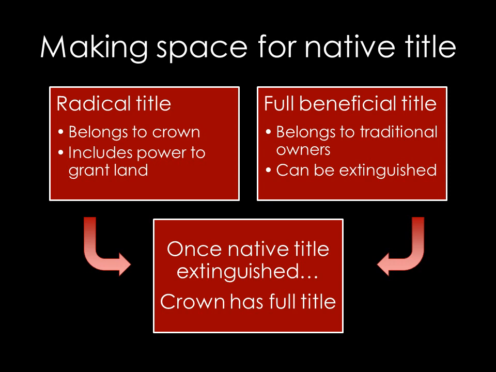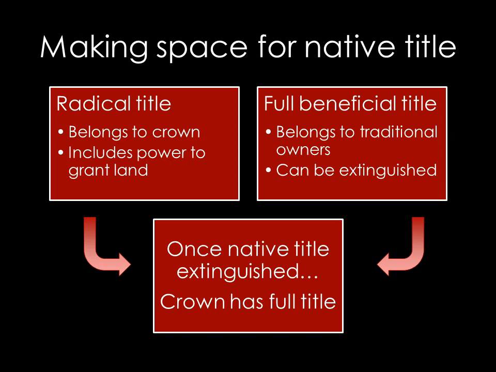However, it can easily be extinguished. The reason it can be extinguished is that radical title and the powers of sovereignty authorize the Crown to do that. So it is a lesser title, it's a fragile title, but importantly, it does exist and continues to exist until and unless it has been extinguished by the Crown itself.